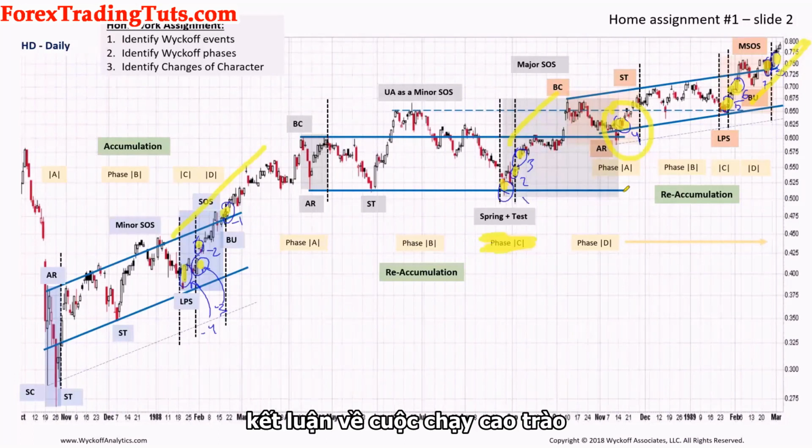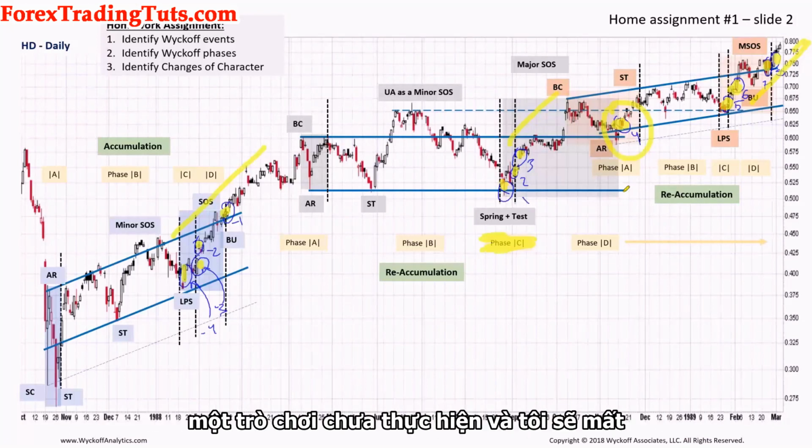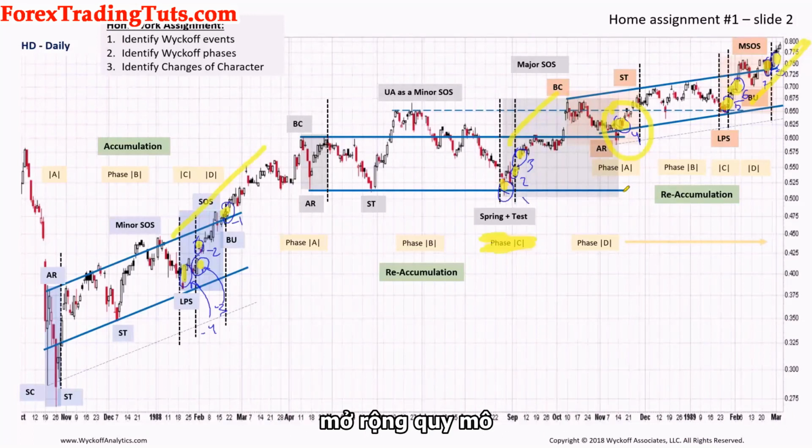So when it comes to the conclusion on the climactic run, which is going to be the terminal climactic run, I have a lot of money built in as unrealized gain, and I'm going to take the profits at that point of time or scale out.